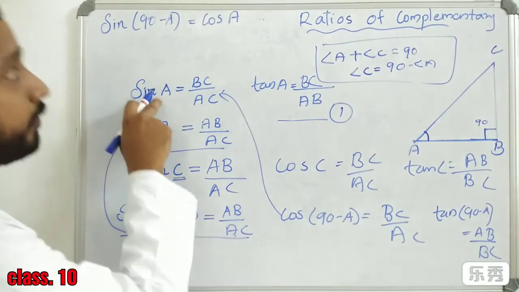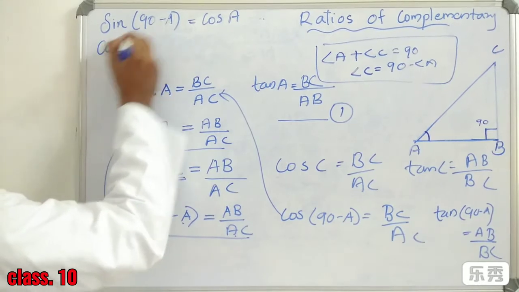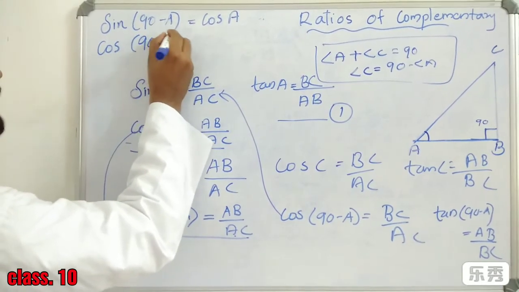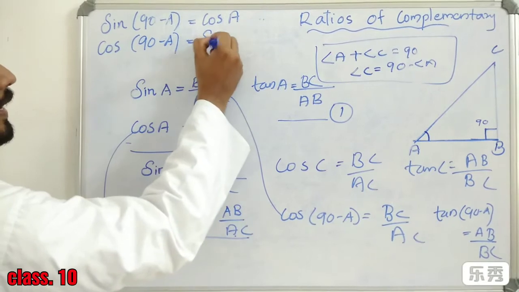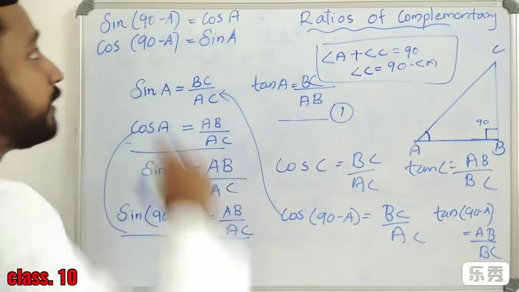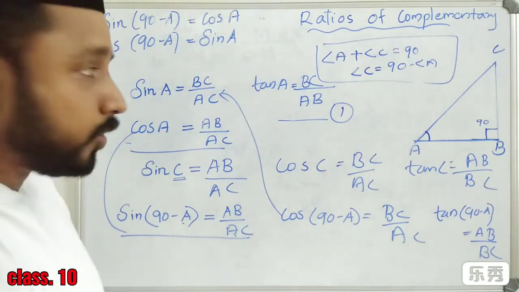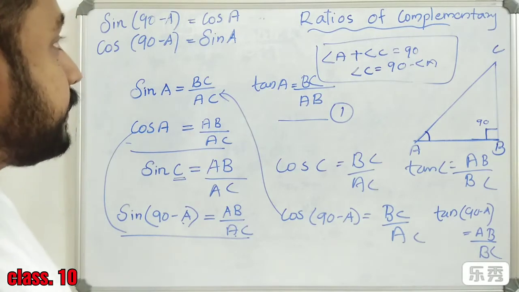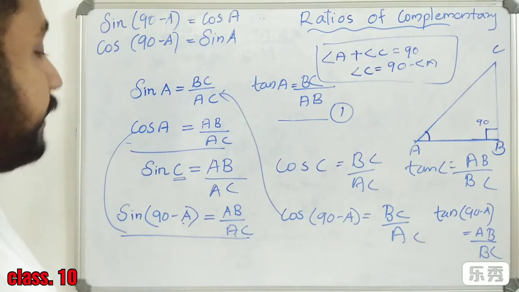So we got another formula: cos 90 minus A is equal to sin A. You have to study these two formulas: sin 90 minus A is equal to cos A, and cos 90 minus A is equal to sin A.